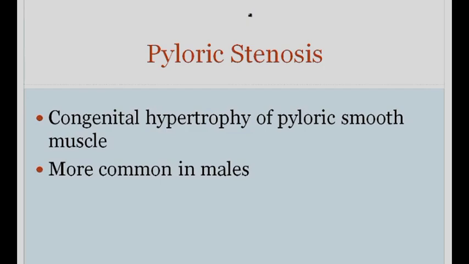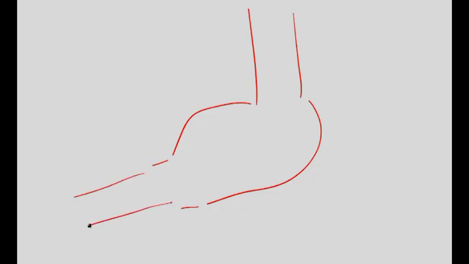Pyloric stenosis is another congenital disorder. This is where you get hypertrophy of the pyloric smooth muscle. It's more common in males. Here's the idea. Of course, you've got the esophagus, and then you've got the stomach coming off the esophagus, and eventually the stomach feeds into the duodenum, and in order for food to go from the stomach into the duodenum, it's got to cross this sphincter called the pyloric sphincter.